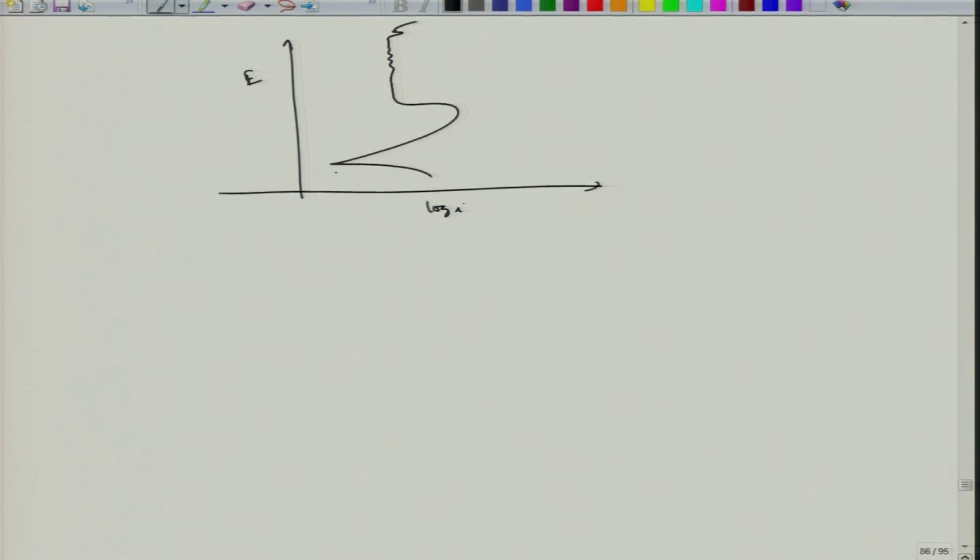So, we will not go further, but there could be many other things that can be talked about. For example, we have talked about the passive region and the transpassive zone, but sometimes in the experimental polarization graph, where E versus log I is plotted, you might find a plot like this.